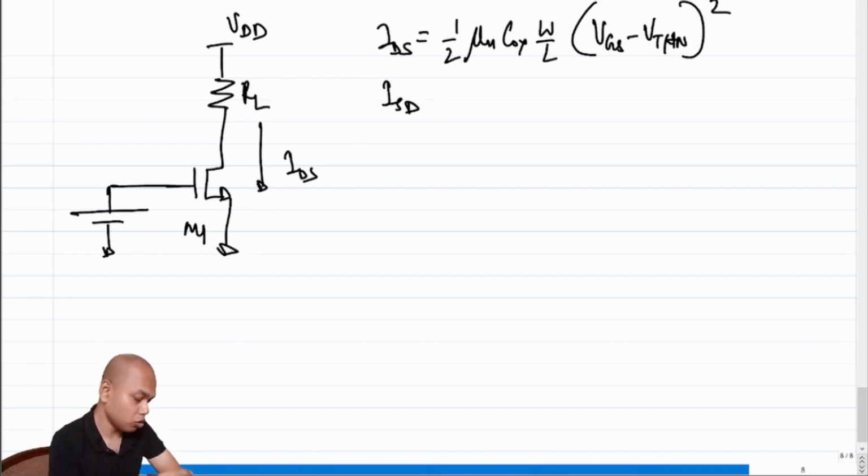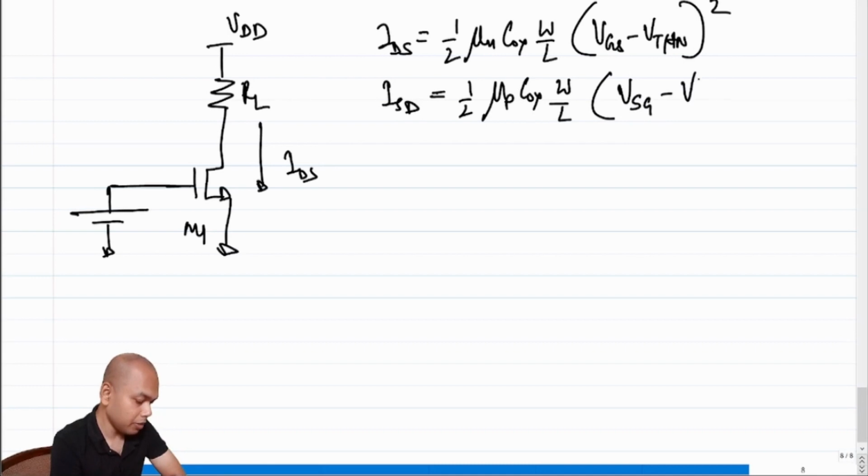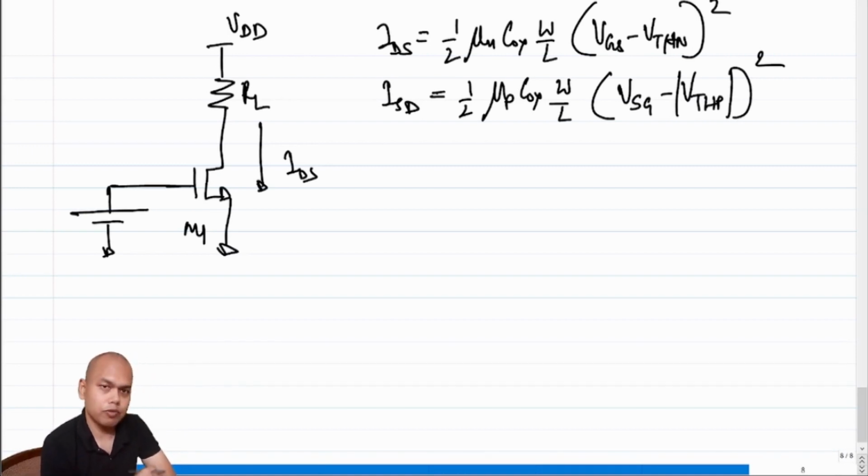The current flows from source to drain, half mu p Cox W over L (VSG minus mod of VTHP, let me call it VTHP) whole squared, correct? So what is the equivalence now? The current in the case of n-Mos flows from drain to source. In case of a PMOS, it flows from source to drain.